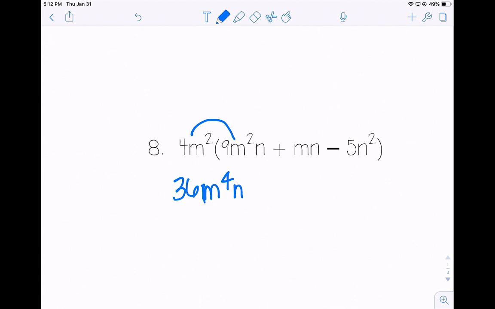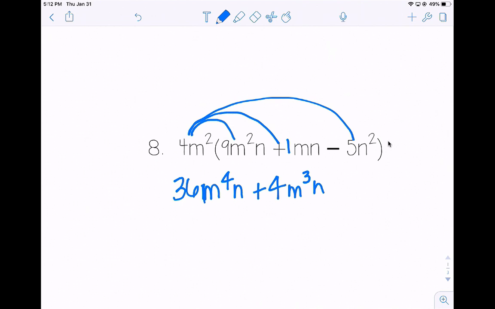All right, then we do 4m squared times positive 1mn. So that's plus 4. 1m here plus 2 more that we combine with that is going to be 3. So m cubed. Again, just n because I don't have any n's here to combine with that. Then our last piece, 4m squared times negative 5n squared.